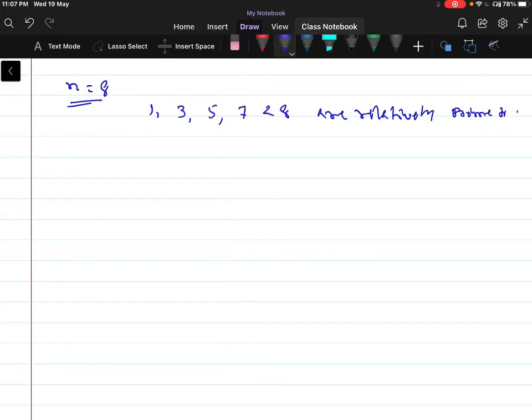Since you can observe that GCD of 1 comma 8 is equal to 1. So GCD of 3 comma 8 is equal to 1. So GCD of 5 comma 8 is equal to 1. So GCD of 7 comma 8 is equal to 1.